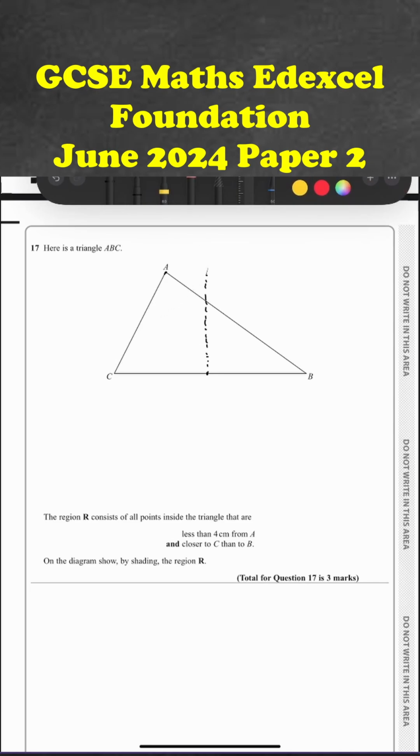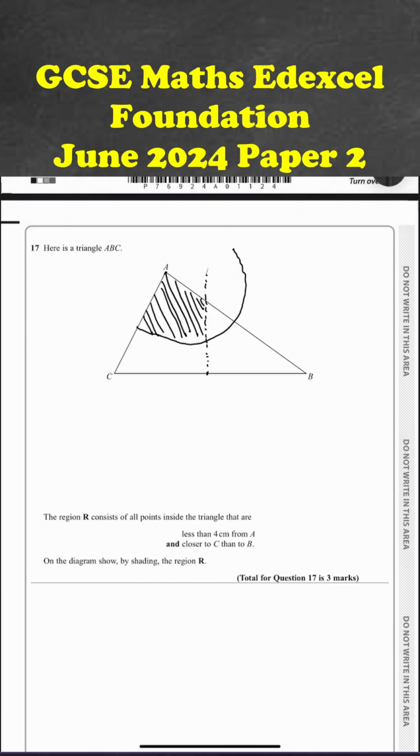It's going to look more like this, I would have thought. So you have a region, R, which is closer to C than B, and is also less than 4 centimeters from A. So, like I say, you will do this with your appropriate compasses and ruler in the exam, but that's just to give you a rough idea of the correct way that's supposed to look.